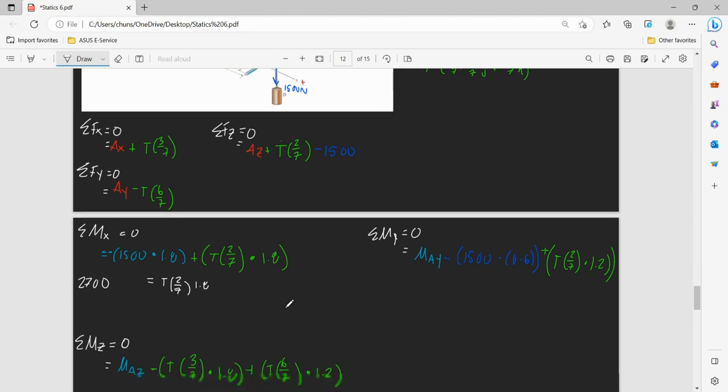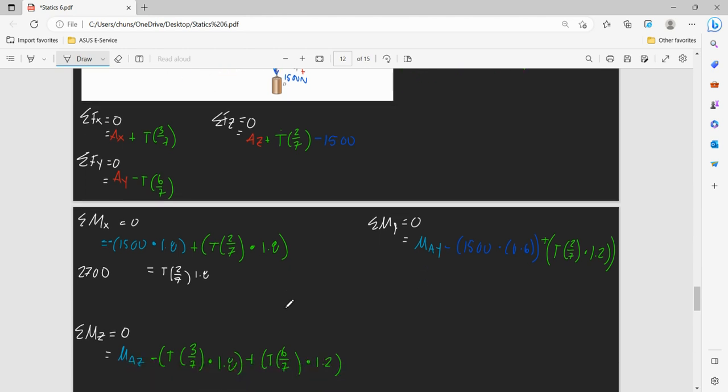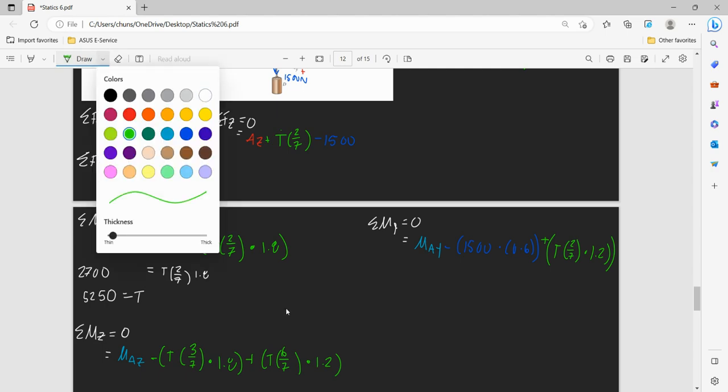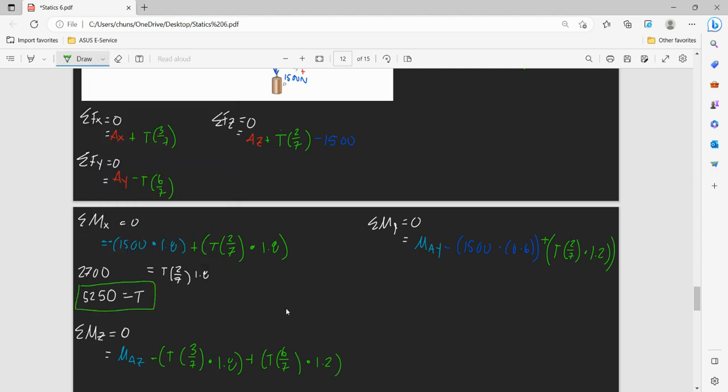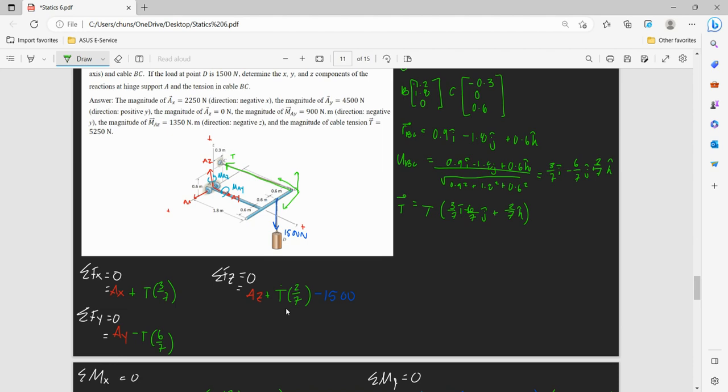And we can divide by our 1.8 from our other side. And we can multiply our 7, divide our 2, and this should be 5,250 is equal to our T. So let's check our answer. Yep, and that is correct.